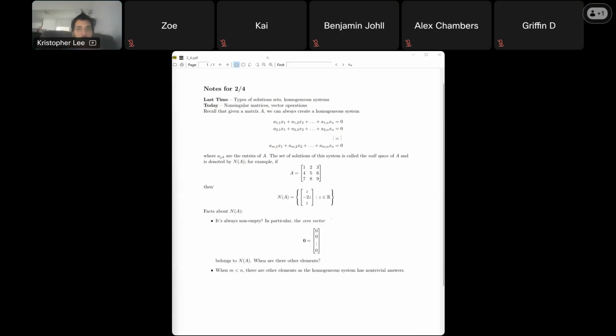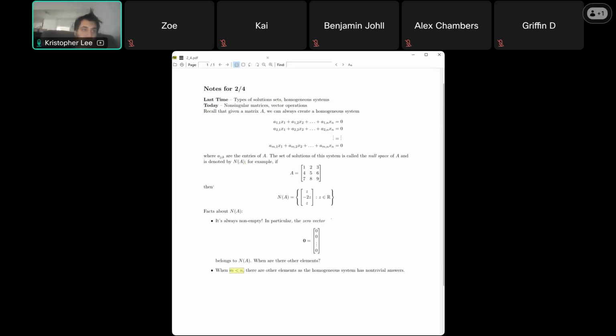So that's an immediate fact. If your homogeneous system has non-trivial answers, that happens when you don't have enough equations. So if your matrix does not have enough rows, so if it has more columns than rows, there are always things in the null space other than the zero vector.